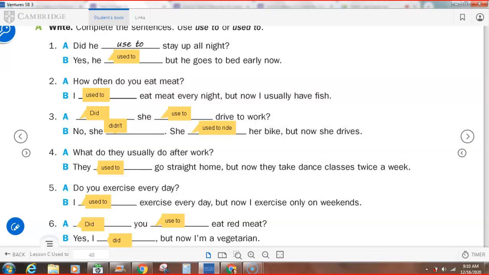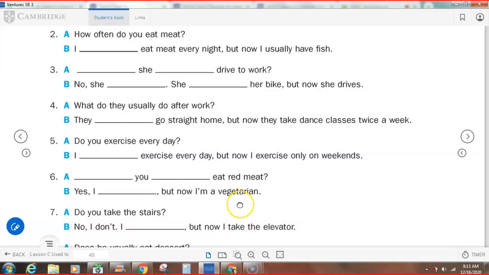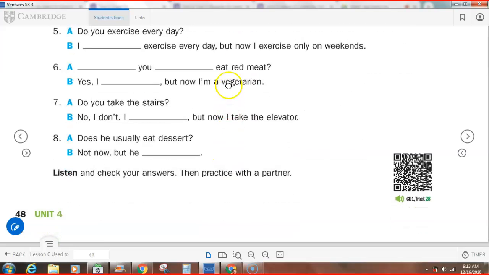Good job. Let me scoot it down just a little bit. All right. Can you do 7 and 8? Do you take the stairs? No, I don't.